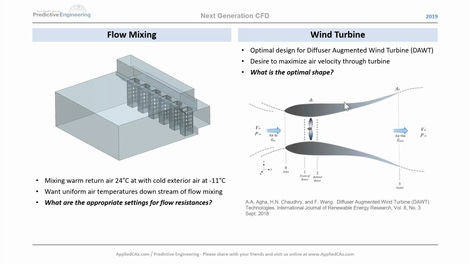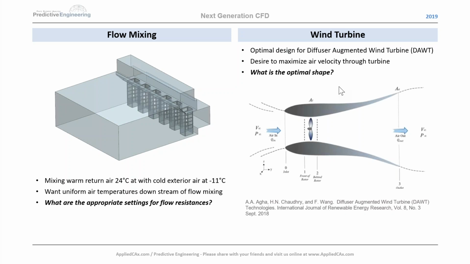So the idea is you're kind of trying to create some negative pressure here to increase the flow velocity through that turbine blade. In wind energy, the amount of power you can extract from the airflow is actually going to be cubed with the air velocity. So anything you can do to increase that air velocity through here is going to allow you to more efficiently extract power from the air.